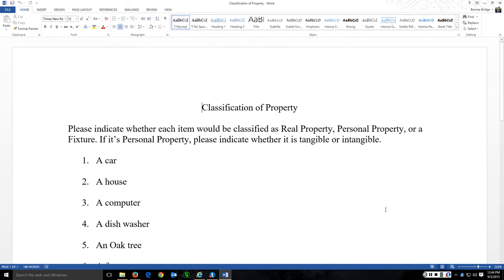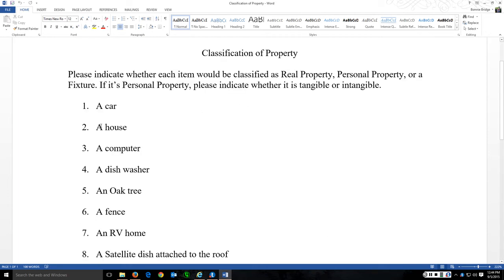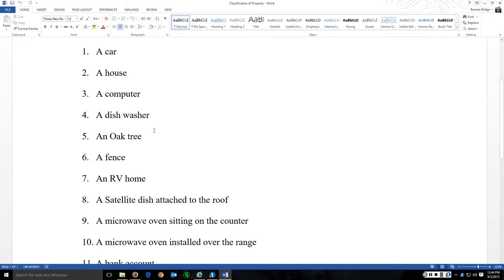If you weren't, I'd like you to pause this video and go look for that document. It should be on Blackboard in the Week 2 module. You should be able to find a document called Classification of Property. Go look at that document, and there are 15 different items here.